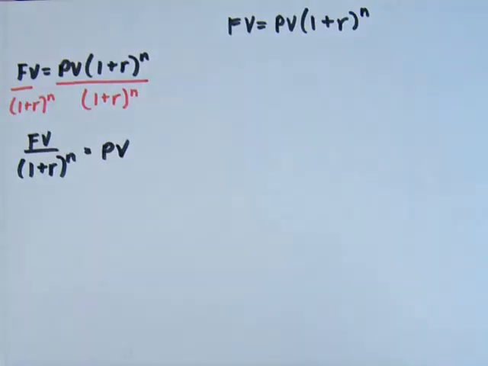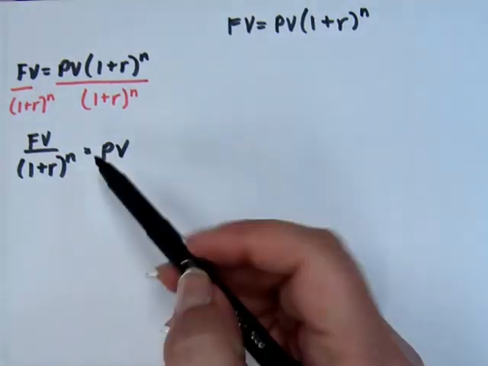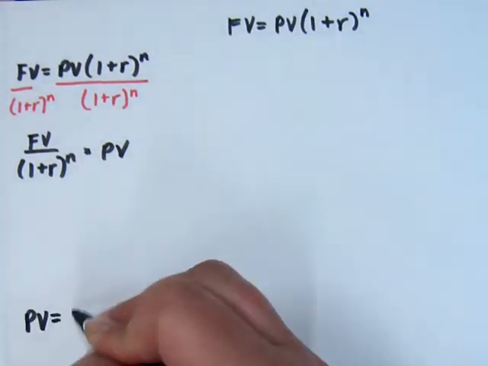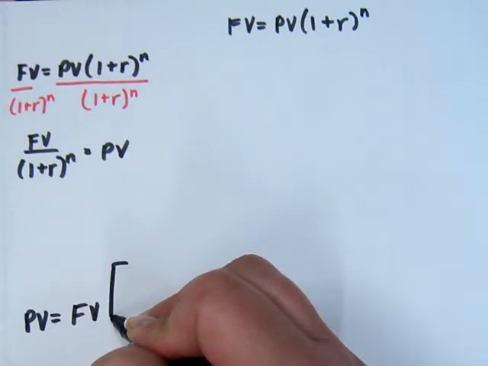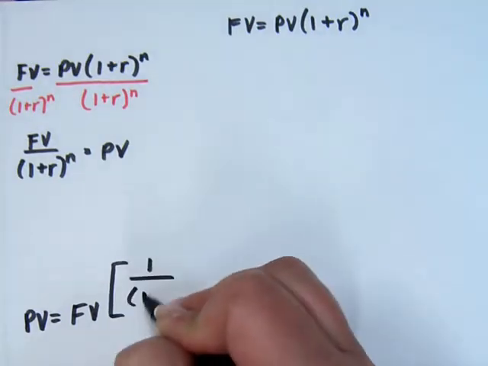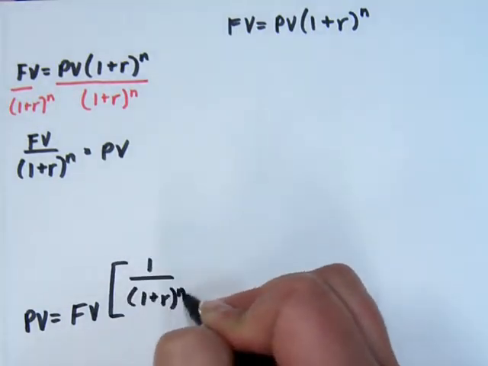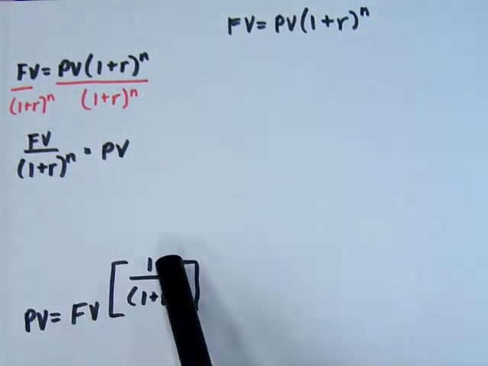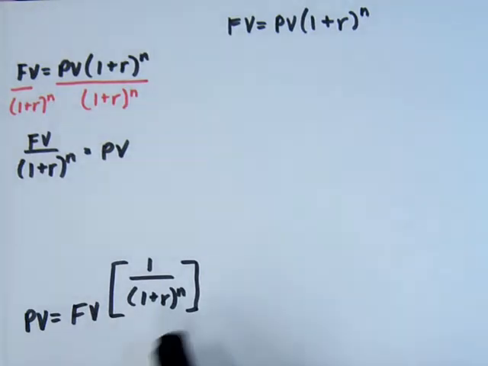Now the book reflects the formula here as PV equals FV times 1 over 1 plus r to the n. But if you multiply through the future value, ultimately you end up with FV, future value, divided by 1 plus r raised to the nth.